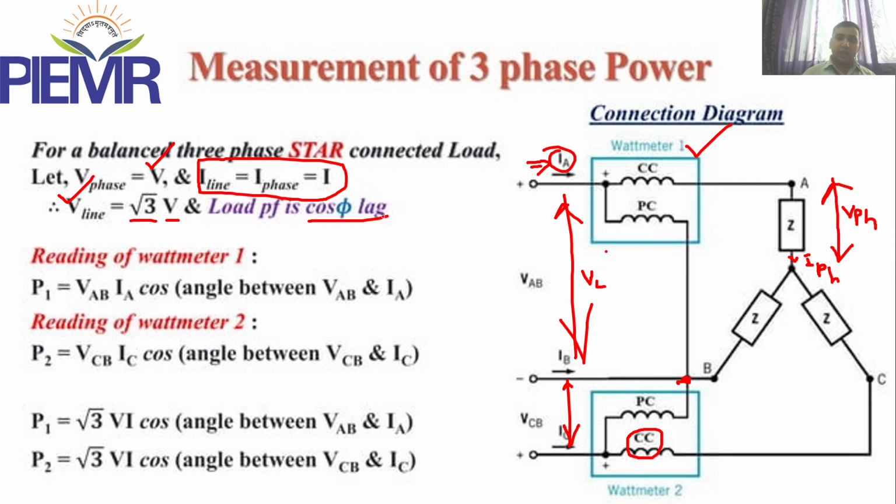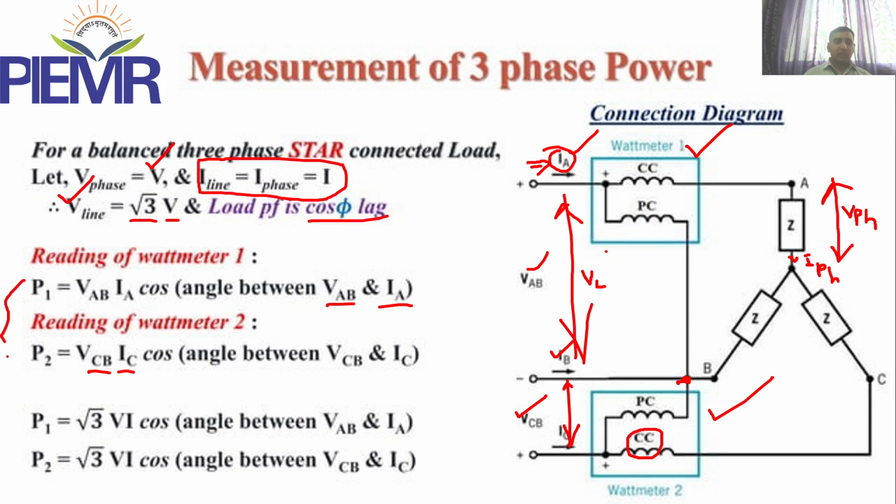Now the power measured by wattmeter W1 is VAB multiplied by IA and the cosine of the phase angle between VAB and IA. The power in the second wattmeter is VCB multiplied by IC, and the angle between the voltage VCB and IC.